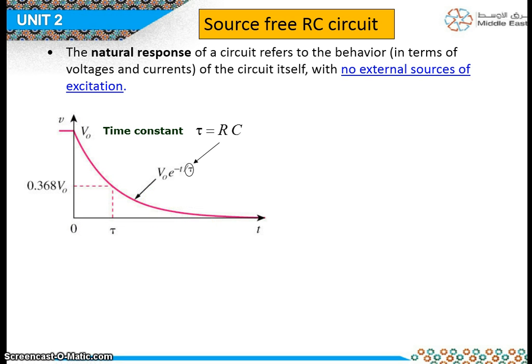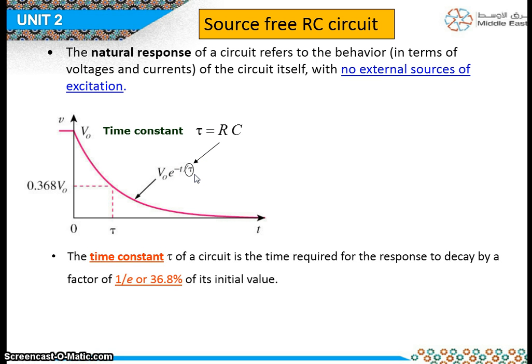Let us now define a term called the time constant τ. It is nothing but the product of the two constants of the circuit, R and C. There is a significant importance to this term called tau, or time constant.